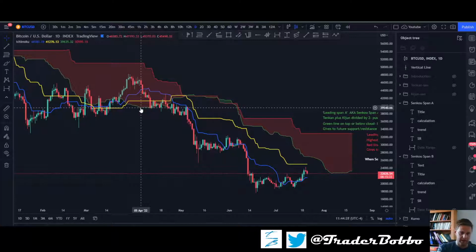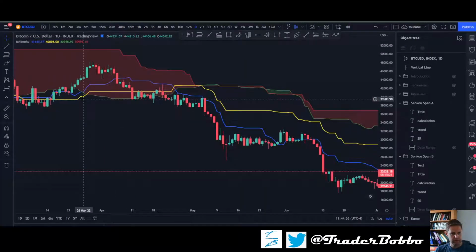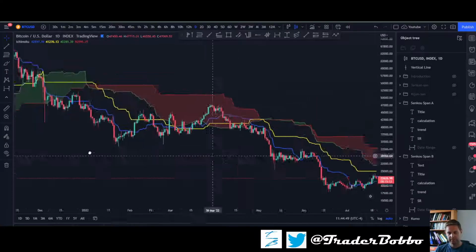You can look back, but see it in real time as a resistance level, and you can see here just for this example. I didn't plan this, but you can just see it as a perfect example of a flat Kijun, a flat Senkou span A, perfect resistance. I mean, sell.